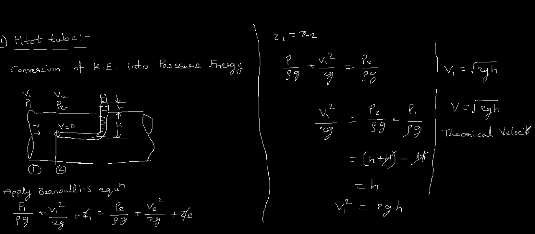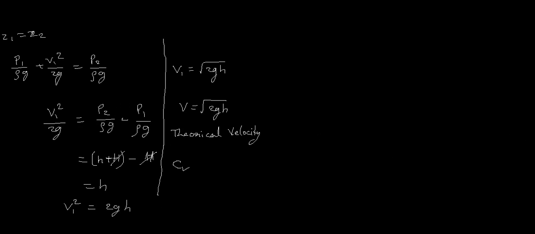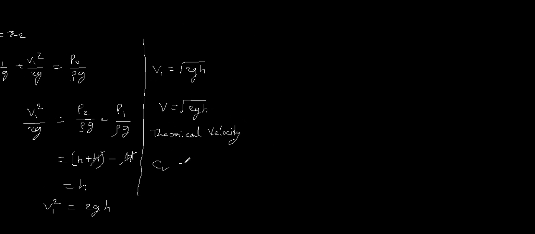For writing the actual velocity, we need to take the help of Cv, the velocity coefficient, coefficient of velocity, which is equal to the ratio of actual velocity to theoretical velocity. The ratio of actual to theoretical velocity is the definition of coefficient of velocity.